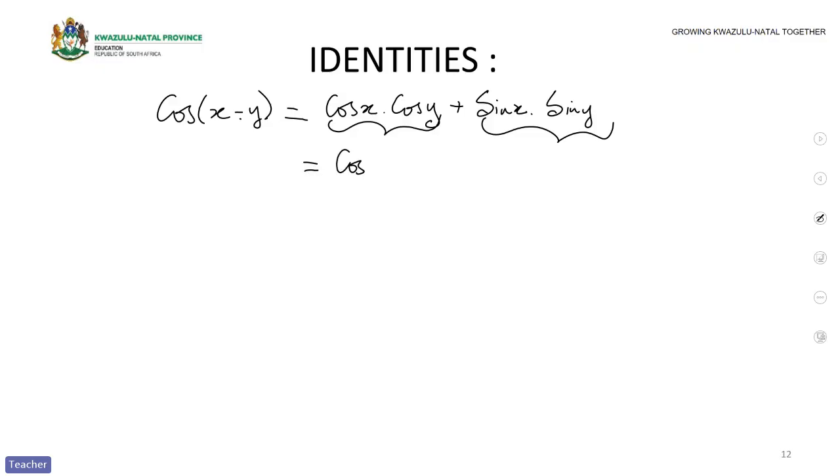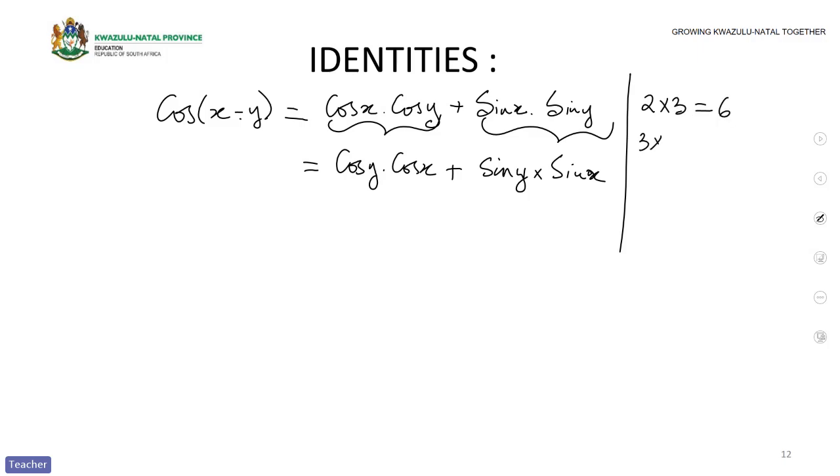Sometimes we find them expressed as cos y multiplied by cos x plus sine y multiplied by sine x. Why is this true? Because, remember, mathematically 2 times 3 is 6, and 3 times 2 is also 6. So the commutative property of multiplication is also applicable here. Please remember that we have to recall this one.